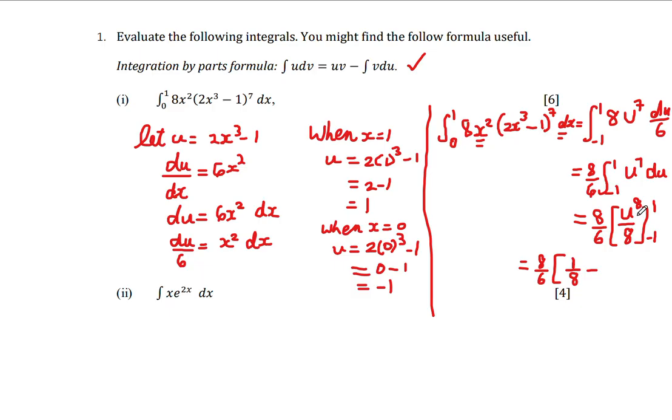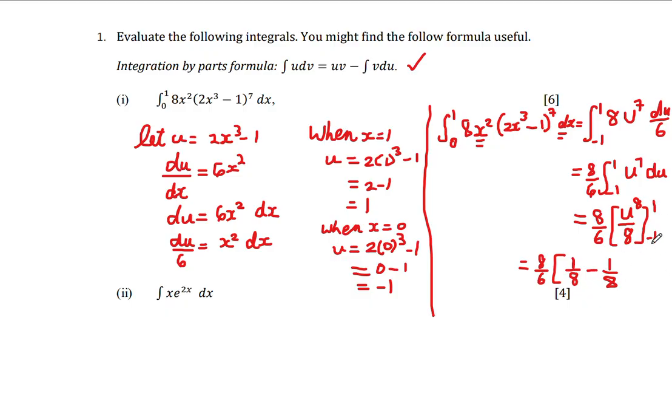Because we're raising -1 to an even power, the answer is going to be +1. So it's going to be +1 over 8, but because we're subtracting the substitution of the limits of the integral, this is why this minus sign is here.